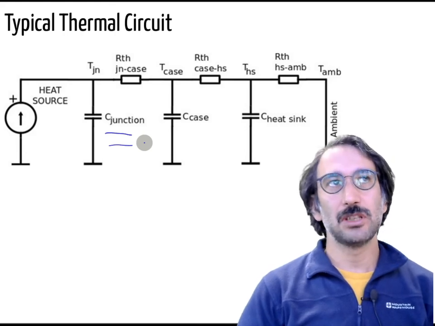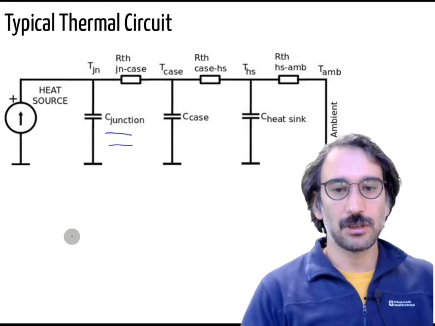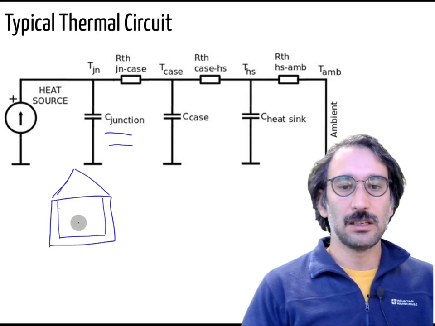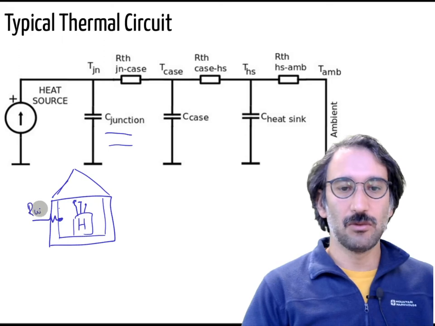And if you just consider your house, and I gave that example in the previous video, you have the walls and you have some heater inside, it just heats the air, and there is some wall resistance.